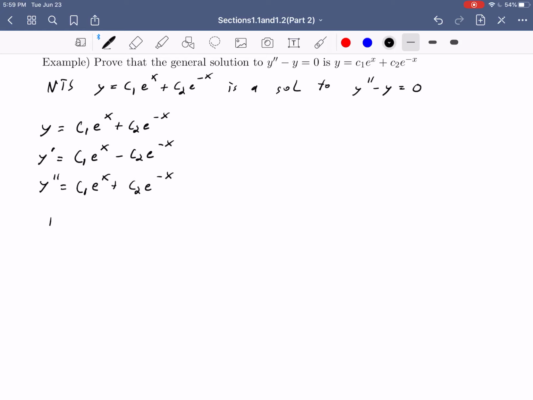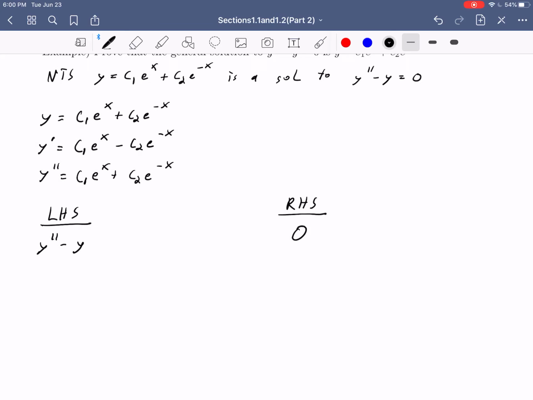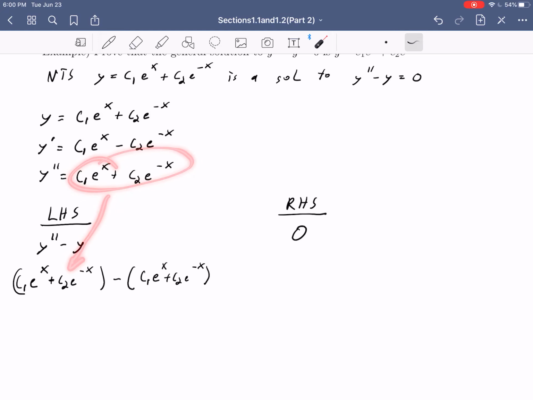So now we can do our left-hand side, right-hand side approach. The left-hand side is y double prime minus y, and the right-hand side is, of course, just 0. So let's plug in. For y double prime, we get c1 e to the x plus c2 e to the negative x. I'm sorry, this should be a plus there because we're talking about y double prime right here. And then we are subtracting the y, which is c1 e to the x plus c2 e to the negative x. And of course the right-hand side, nothing really to do there.